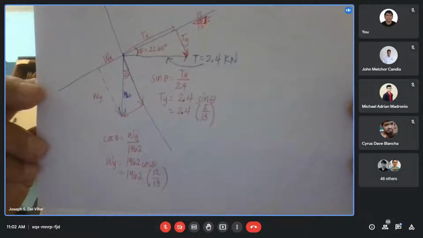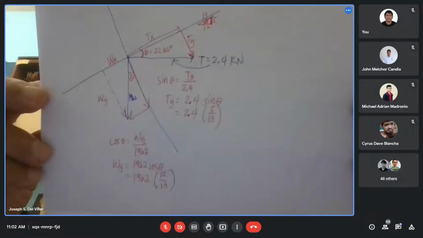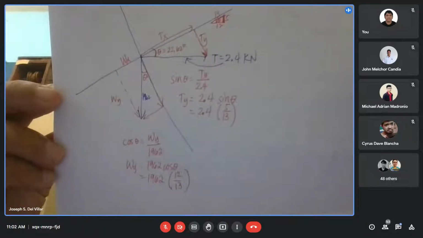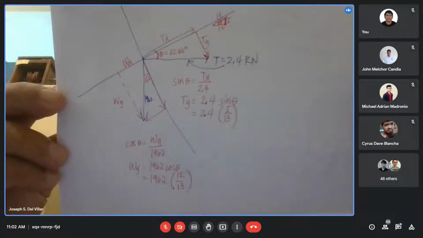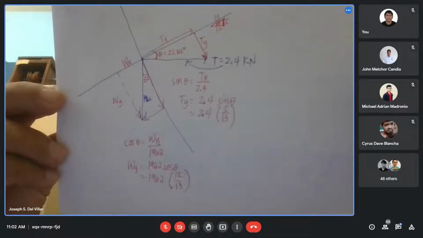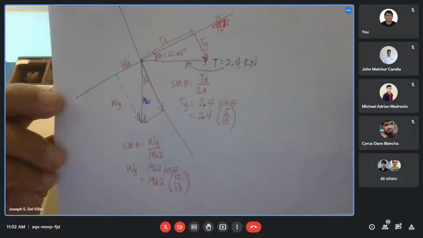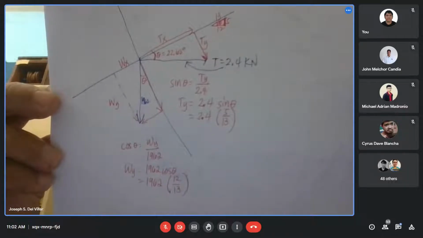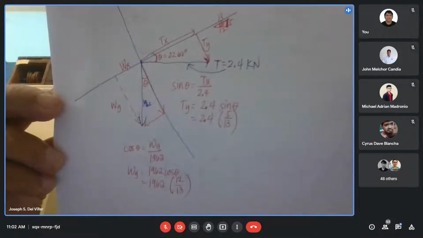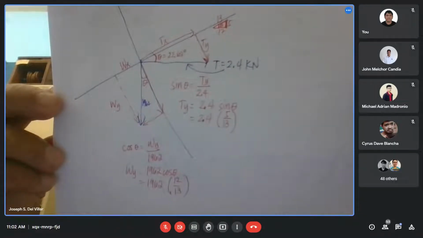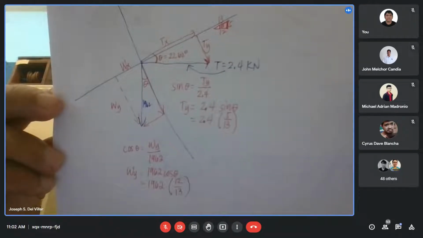Now, kung i-resolve natin yung tension into x and y components, so gagamitin natin yung 2.4 kilonewtons sine theta. Kasi opposite, yung y component niya is opposite the angle. So we are going to make use of the sine function.